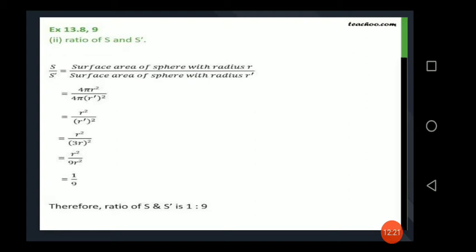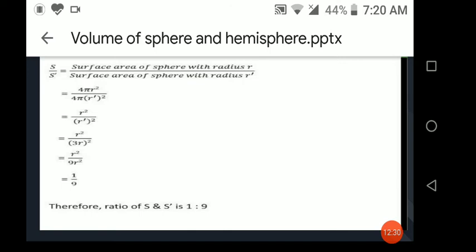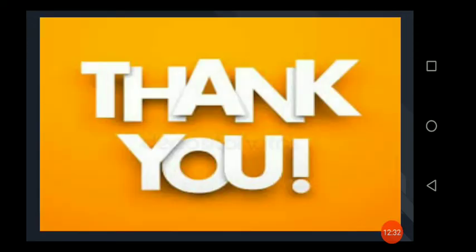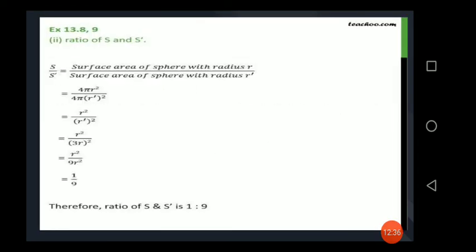So we know s is the surface area of small sphere with radius r, and s dash is the surface area of a sphere with radius r dash.